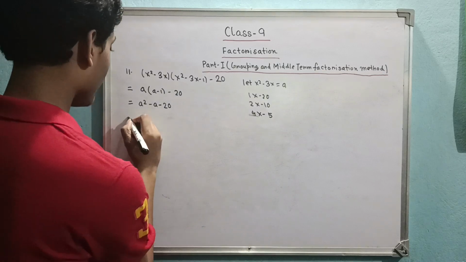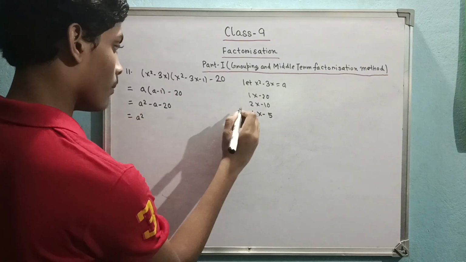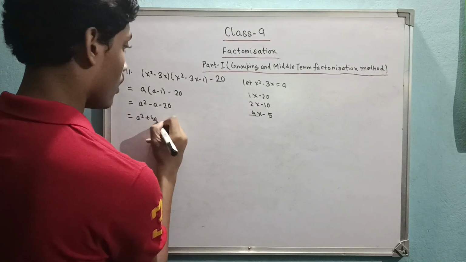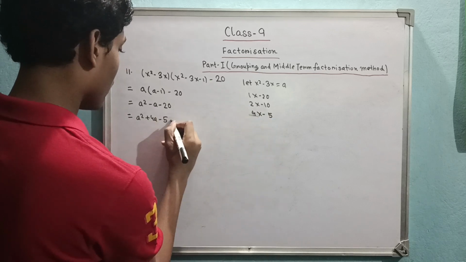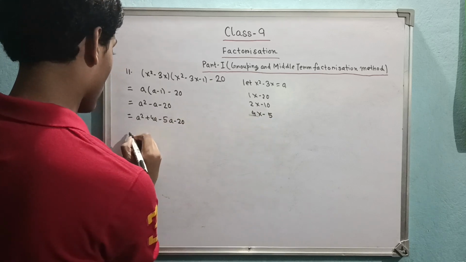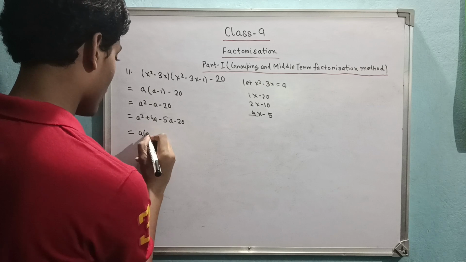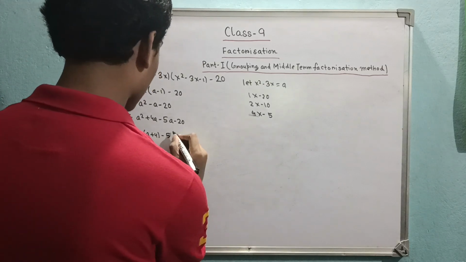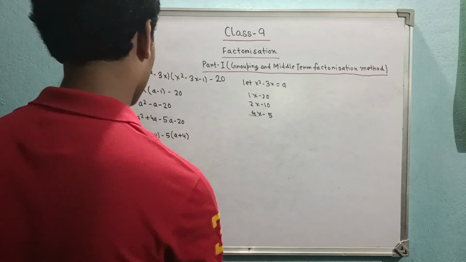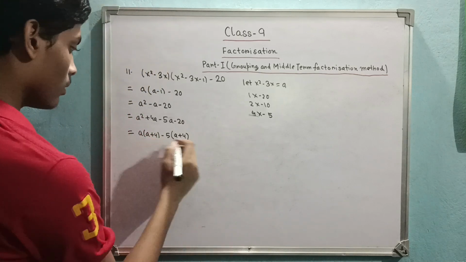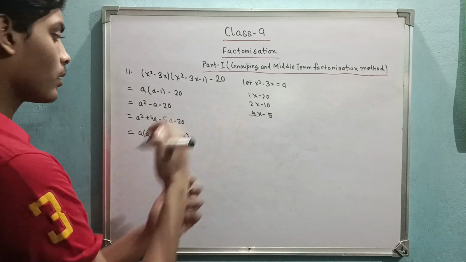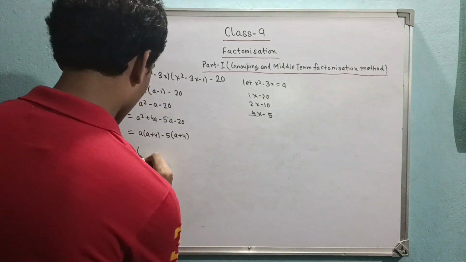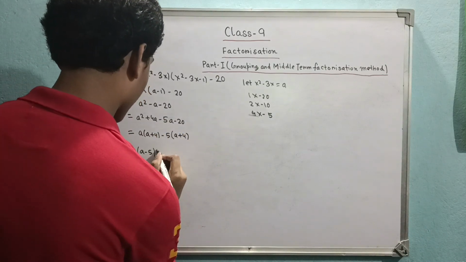So let's write this as a square plus 4a minus 5a minus 20. Taking a common, a into a plus 4, and taking minus 5 common, minus 5 into a plus 4. Very good. So now a plus 4 is common. Simple grouping, we can write this as a minus 5 into a plus 4.